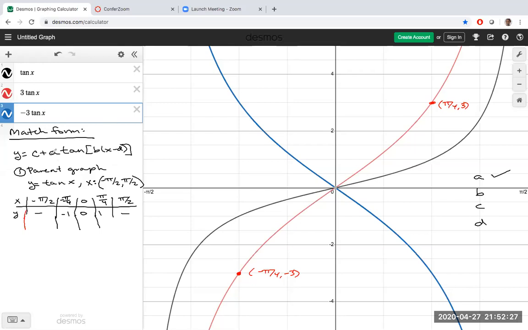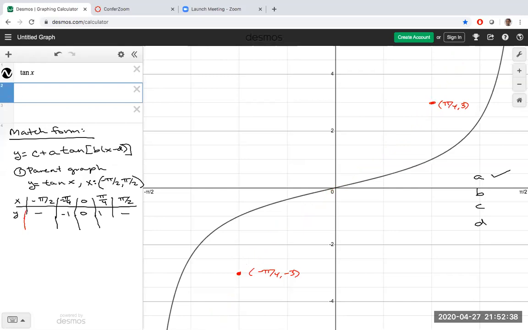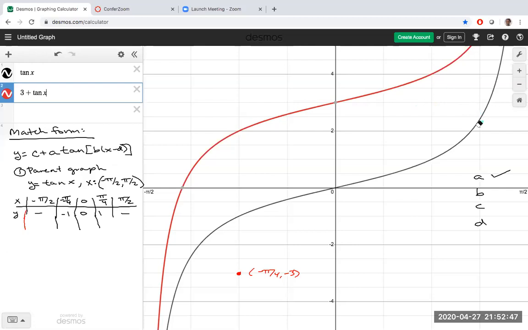Okay, so let's go back here and change this. We're going to put 3 plus tangent x. Okay, so now our C value is equal to 3.